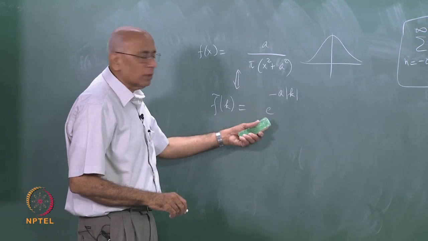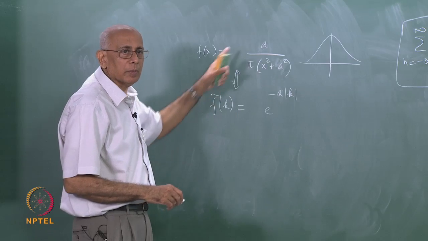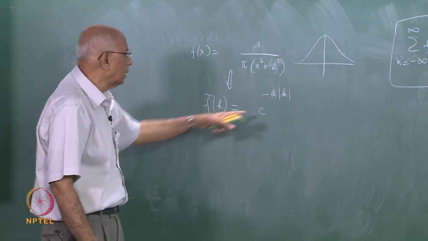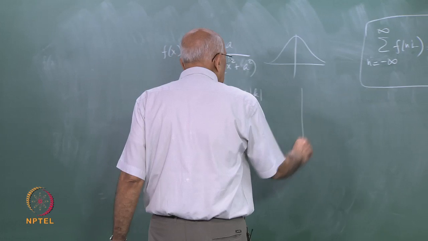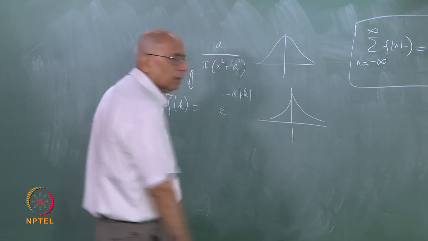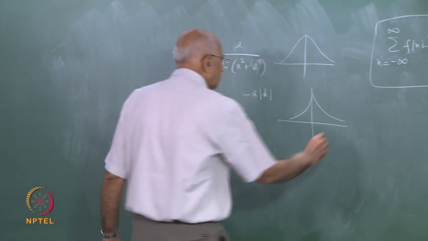It is a characteristic function being the Fourier transform of a probability density, so f tilde of 0 must be equal to 1 for normalization. That is indeed true. And what does this function look like? It is exponentially damped and it has got a little cusp at the origin, k space.